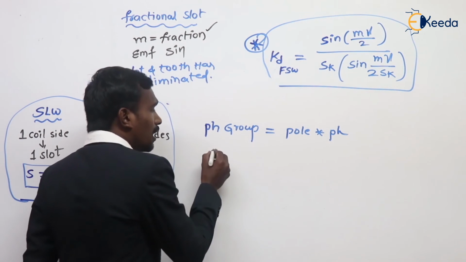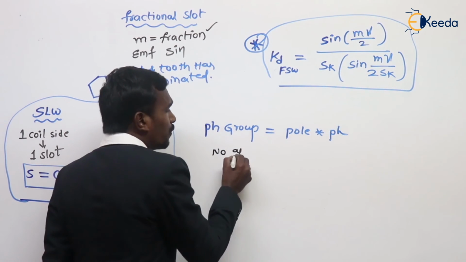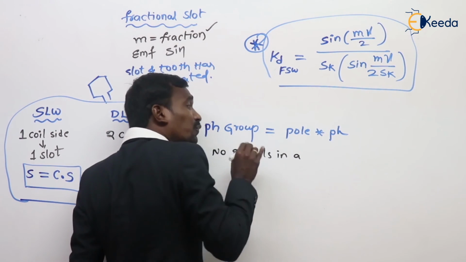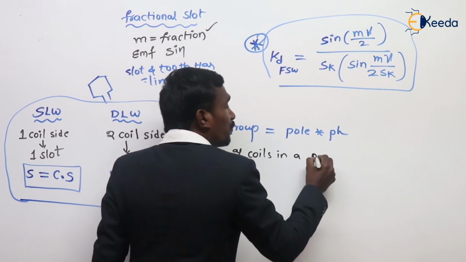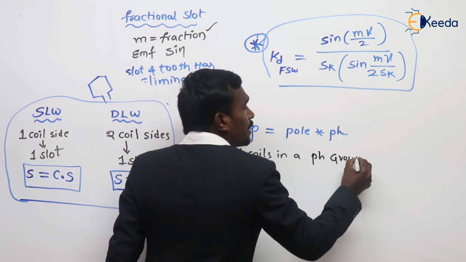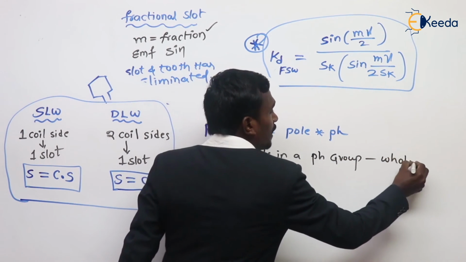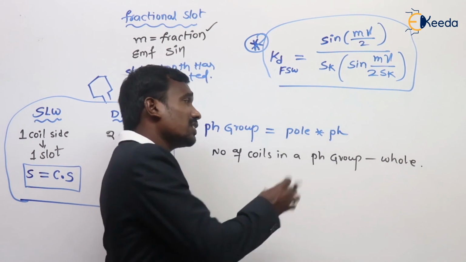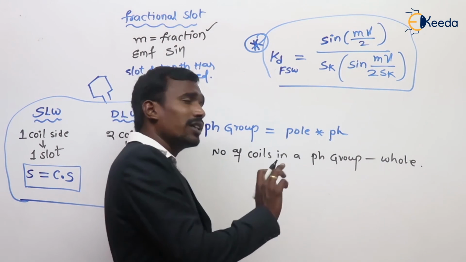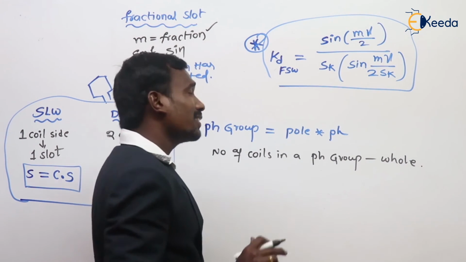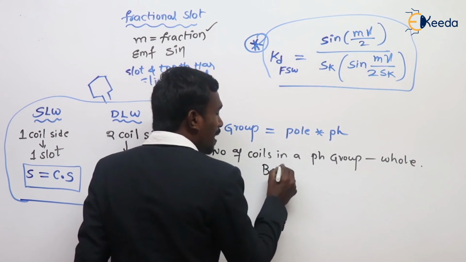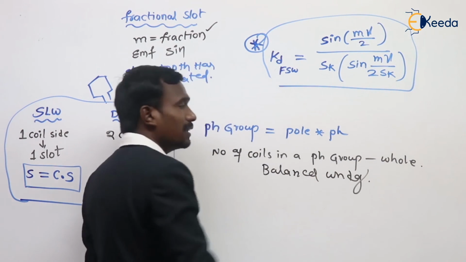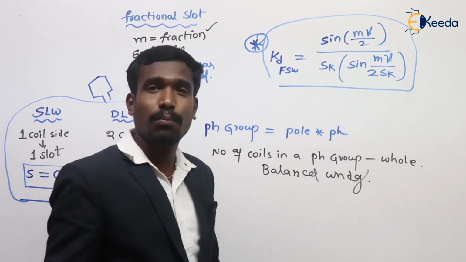If the number of coils in a phase group is a whole number, then the winding is called balanced winding. When it is called balanced winding, it should be a whole number.